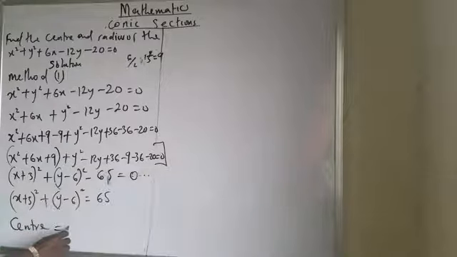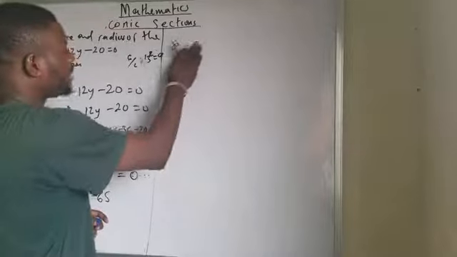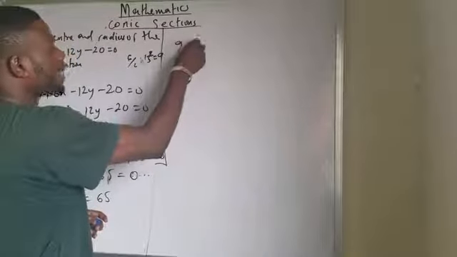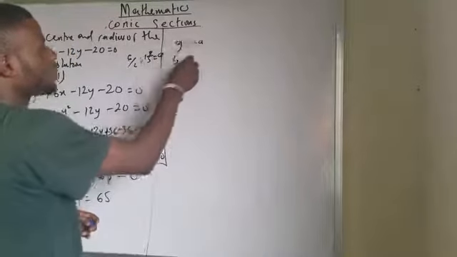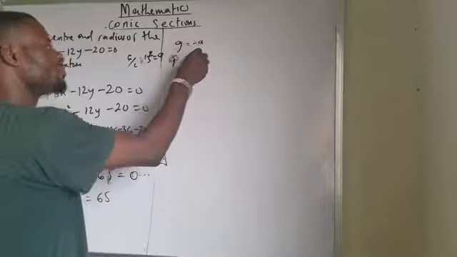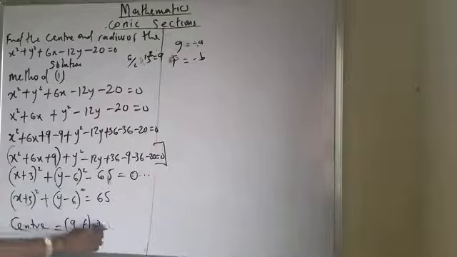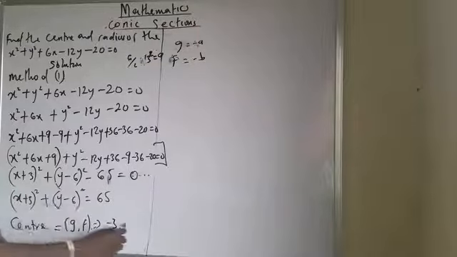Now, it means my center equals to. We don't forget that my G equals minus A, and my F equals minus B. Please take note of that one. Since that is the case, we are referring to G, which is the center, G comma F, which implies this one will be minus 3, comma 6.